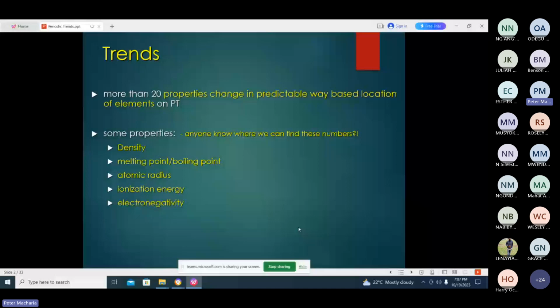So that is where I'm starting, about trends across groups and periods. And we are talking about the periodic table. There are many trends that we can look at.